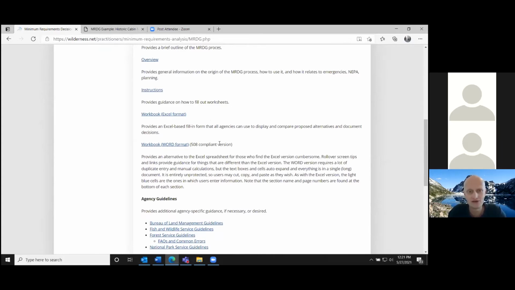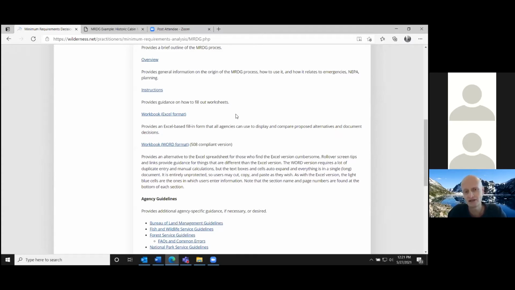Just a couple things to note. The Excel format does not have a built-in spell check. So that's something to be aware of, especially if you're an average speller like myself. So there's no built-in grammar police with that.